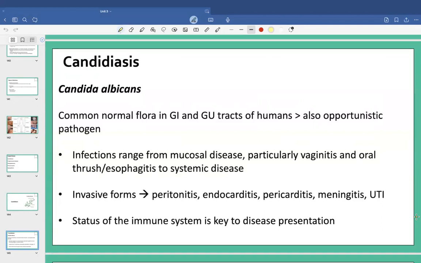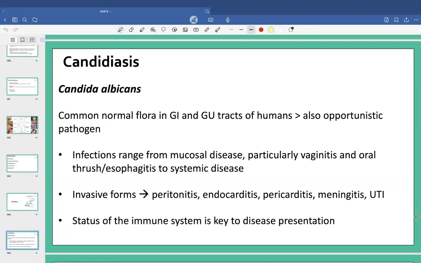The infections can range from thrush and vaginal candidiasis to systemic diseases. There are also invasive forms that can affect the peritoneum. You can have invasive fungal endocarditis, pericarditis, meningitis. The status of your immune system is the key to how the disease presents. If your immune system is super weakened, then your disease presentation will probably be more severe than someone who is not.